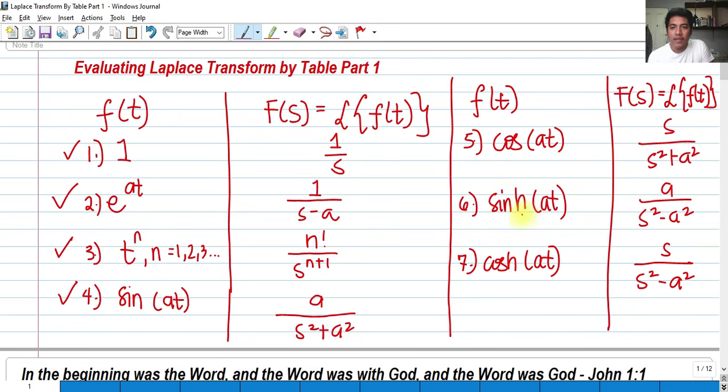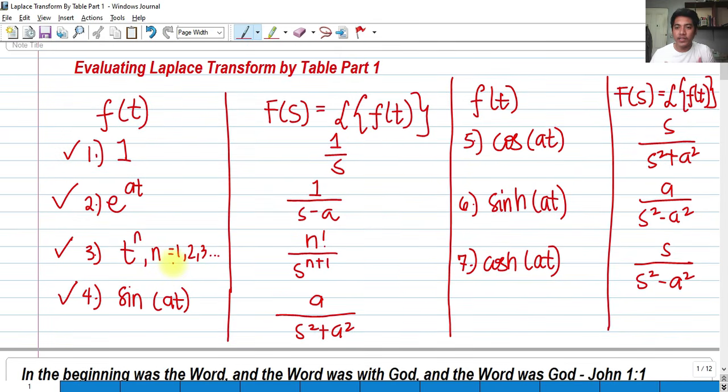The only difference is that instead of s squared plus a squared in the denominator, in the hyperbolic sine and hyperbolic cosine, that addition becomes subtraction. For hyperbolic sine, we take a as our numerator, over s squared minus a squared. And for hyperbolic cosine, we have s over s squared minus a squared.